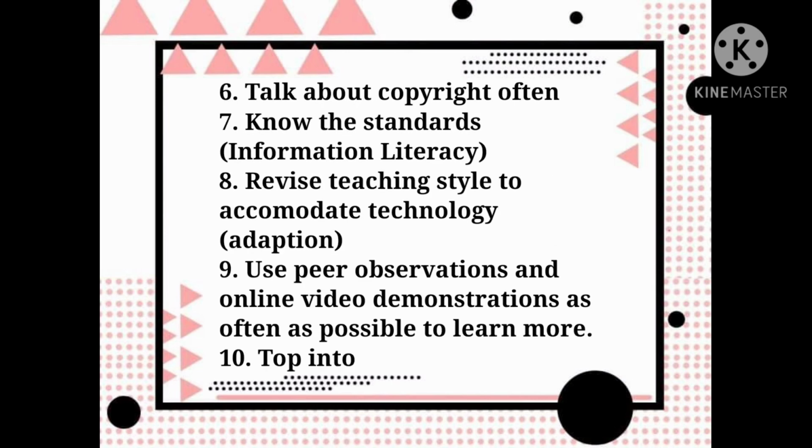Number 6, talk about copyright often. Number 7, know the standards, the information literacy standards. Number 8, revise teaching style to accommodate technology adoption. Number 9, use peer observations and online video demonstrations as often as possible to learn more. Number 10, lastly, tap into your students' creativity.